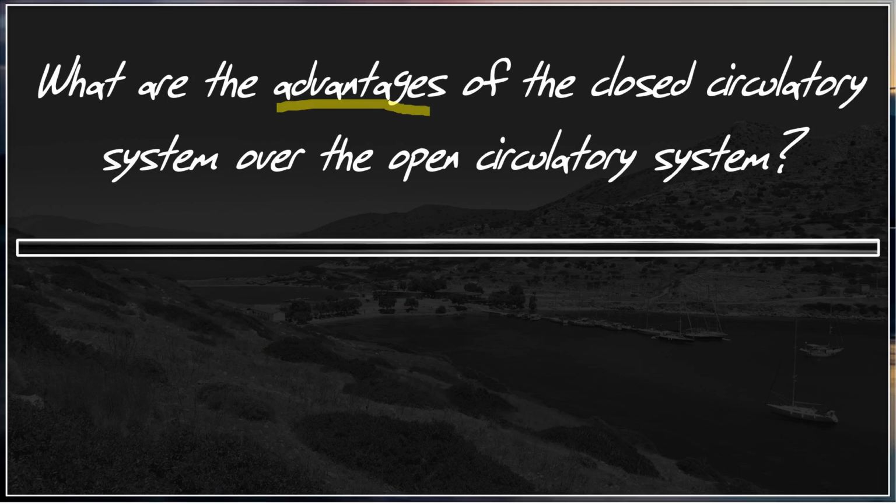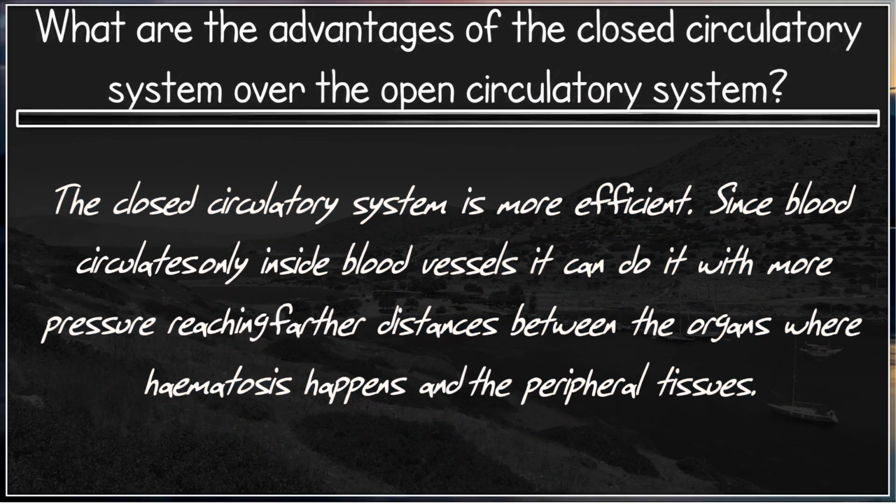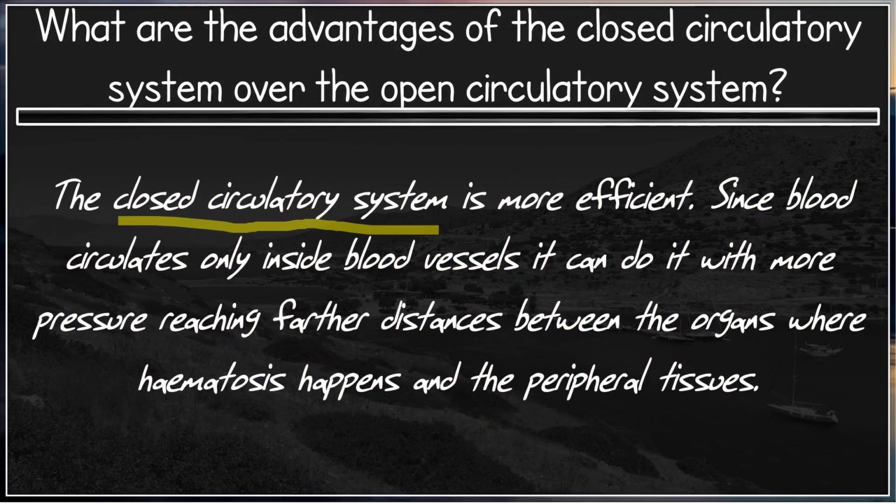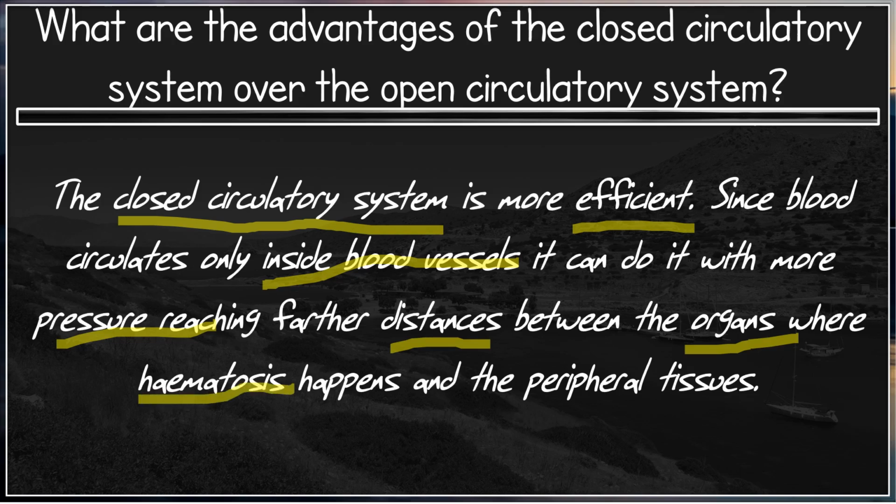What are the advantages of the closed circulatory system over the open circulatory system? The closed circulatory system is more efficient. Since blood circulates inside blood vessels, it can do so with more pressure, reaching further distances between the organs where hematosis happens and the peripheral tissues.